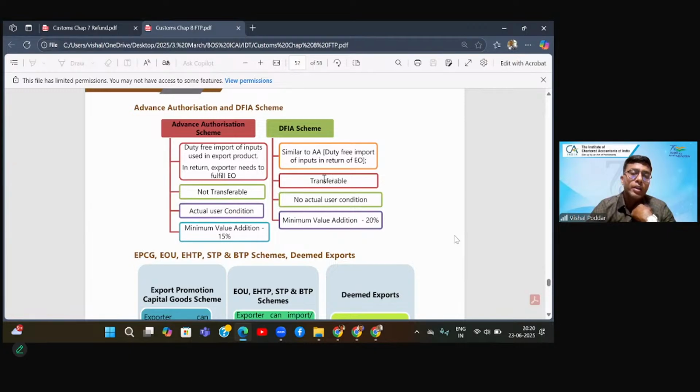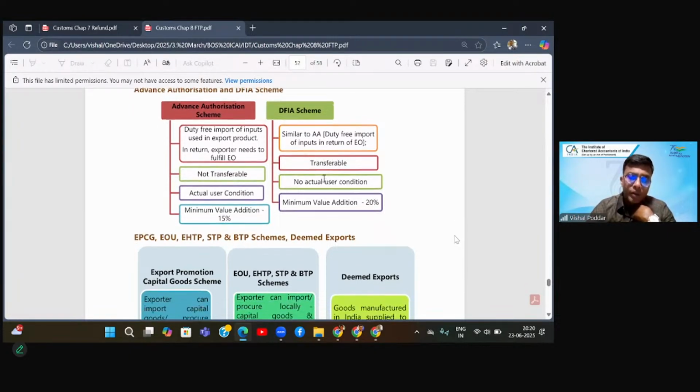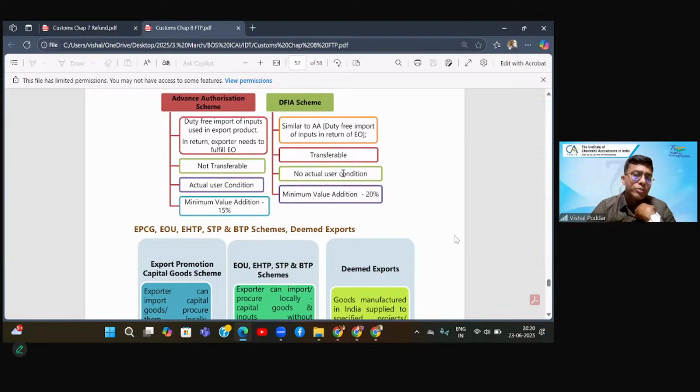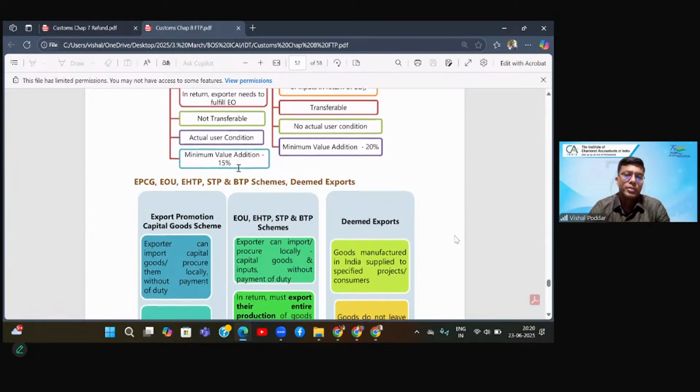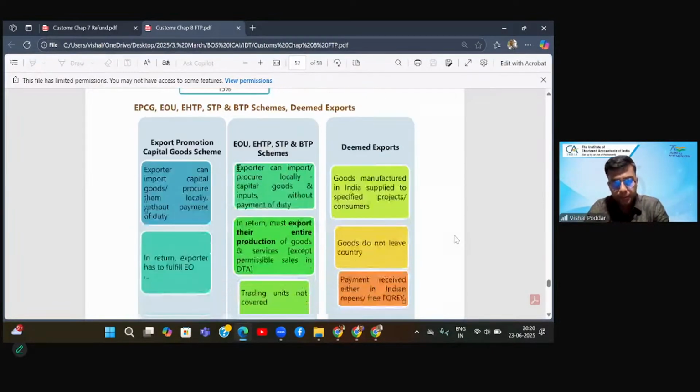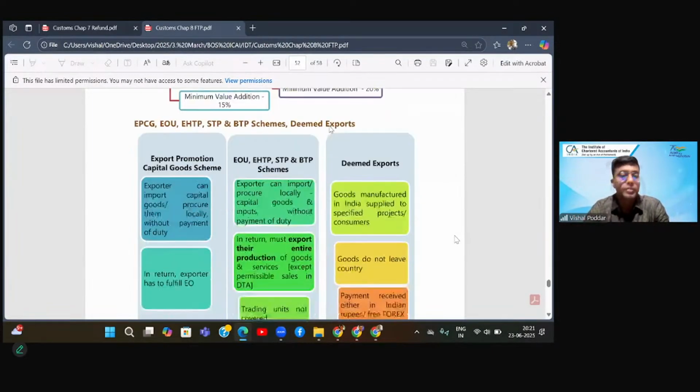Whereas in DFIA, it is transferable. So the goods which were imported duty free, you can transfer them, and hence there is no actual user condition. Here, there should be minimum 15% value addition. So whenever you are exporting, you have to ensure that your export value is at least 15% plus of the total cost incurred on your imports. And here it is 20%.